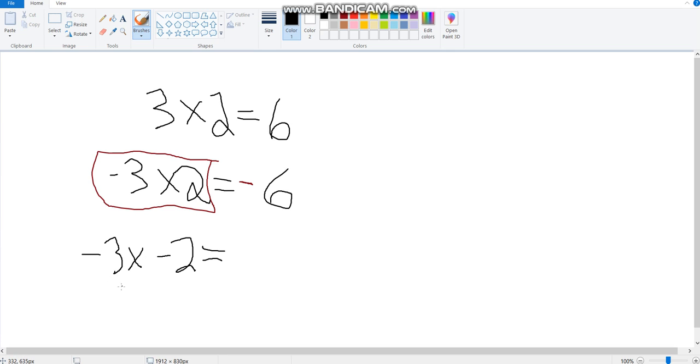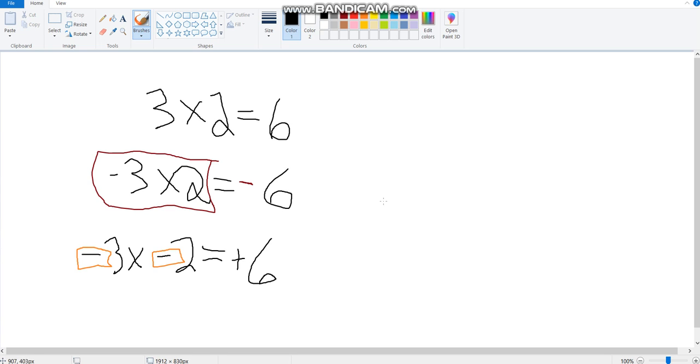So only worry about the numbers, right? We know 3 times 2 is 6. We always worry about the numbers first. Now we can worry about the signs. Notice we have 2 negative signs. So when we have a negative times a negative, it turns to positive. So we have a positive end result, or a positive 6.